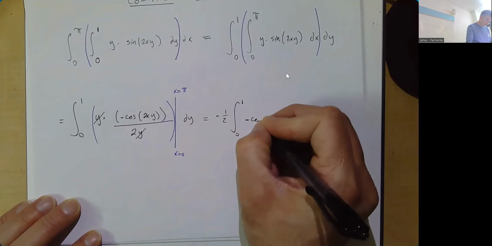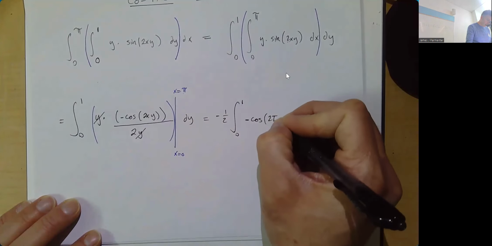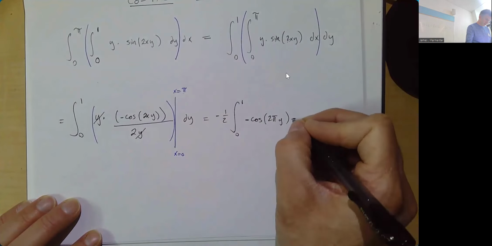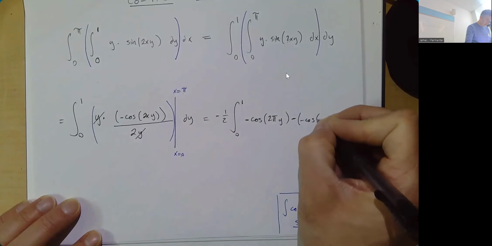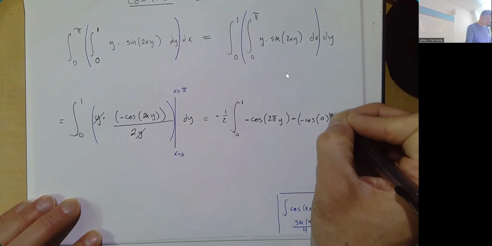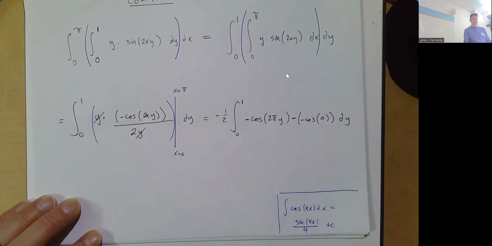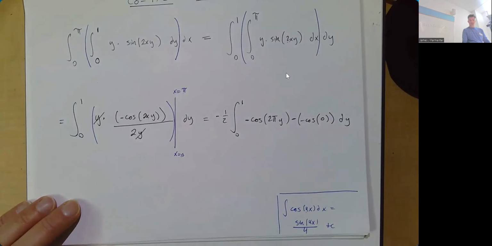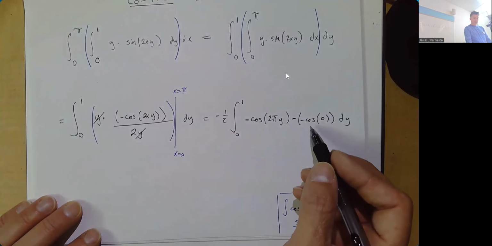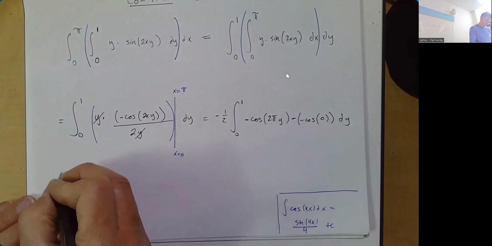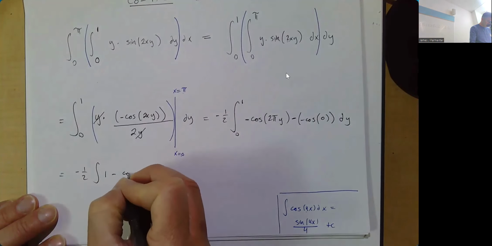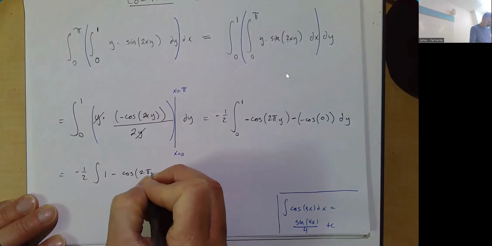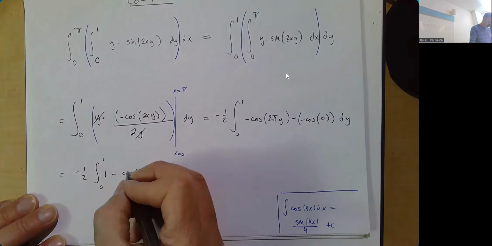You get negative cosine of 2 pi y minus, I'm going to plug in 0 for x and get negative cosine of 2 times 0 times y, which is just cosine of 0. Simplifying a little before I integrate, cosine of 0 is 1, so I get plus 1 there. So I should really rewrite this as negative 1/2 integral of 1 minus cosine of 2 pi y from 0 to 1.